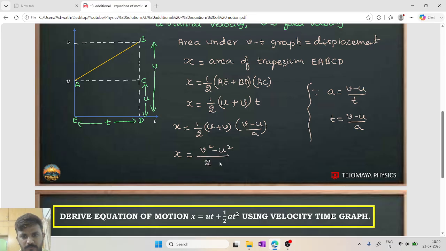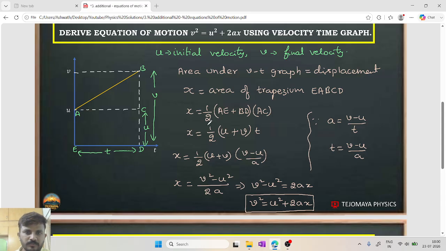Just rearrange the terms, you'll get V square minus U square is equal to 2AX. So V square is equal to U square plus 2AX. Okay, that is about this derivation.